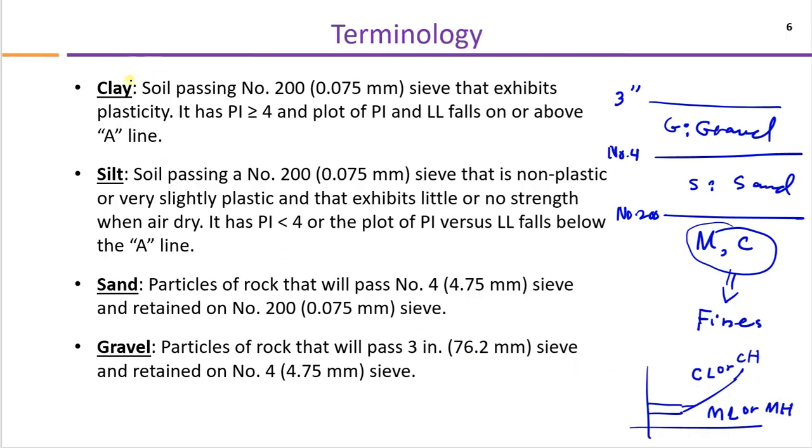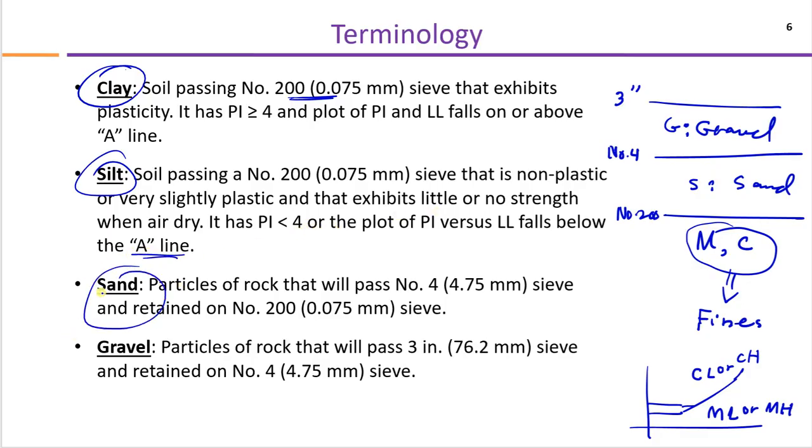So remember, the definition of clay is the material that passes the number 200 sieve and is going to plot on or above the A line on the plasticity chart. In the case of silt, it is the same, passing the number 200 sieve, but it is going to plot below the A line on the plasticity chart.